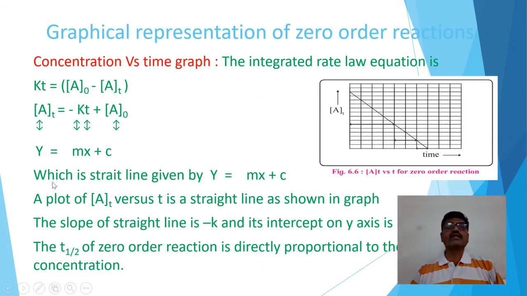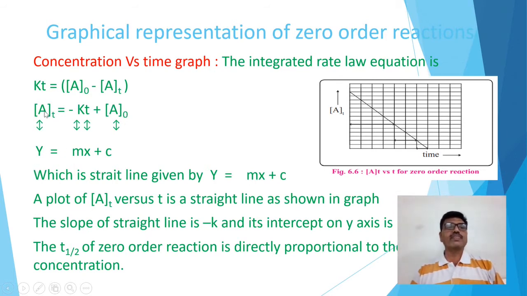Then graphical representation of zero order reaction. When concentration is plotted against the time, we will get the graph. The integrated rate law equation is kt is equal to A0 minus At, which can be rearranged like this: At is equal to minus kt plus A0.